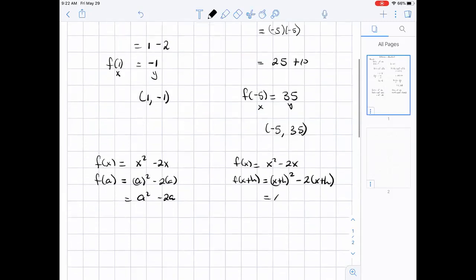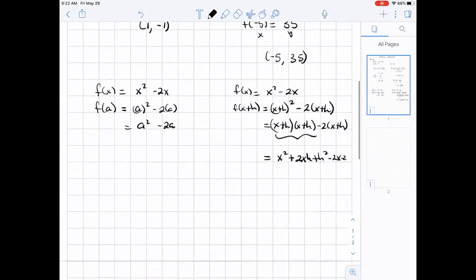Simplifying, you get (x plus h) times (x plus h) minus 2 times (x plus h). And obviously, you could simplify this by foiling this out. You will get x squared plus 2xh plus h squared minus 2x minus 2h.